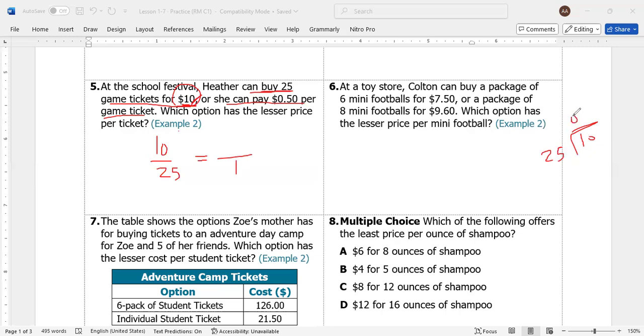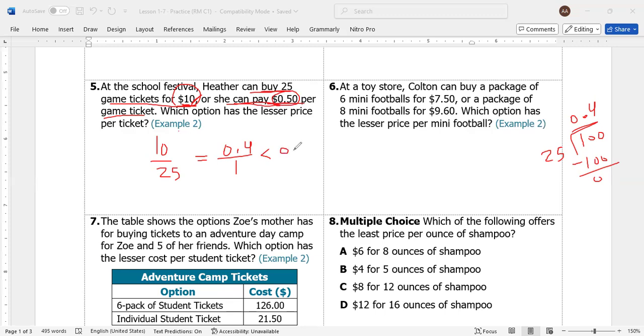So I will put the decimal and add a 0. It will become 100. 25 times 4 is 100. So it means if she buys 25 game tickets for $10, one ticket is costing 0.4. But if she goes alone and buys for 0.50, then 0.4 is less than 0.50.